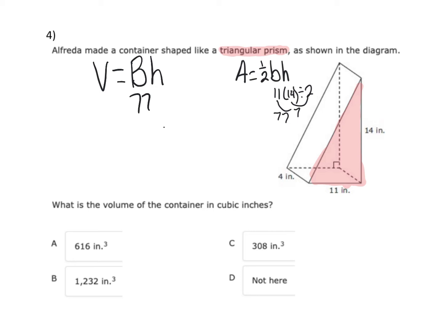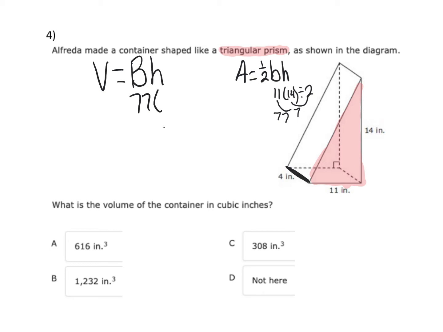Now we need the height of the prism. And if we were just to look at this without thinking, we would probably pick 14 as our height. But the height of a prism is what connects the triangle to that other triangle, the base to the base, which is right here, and that's 4.